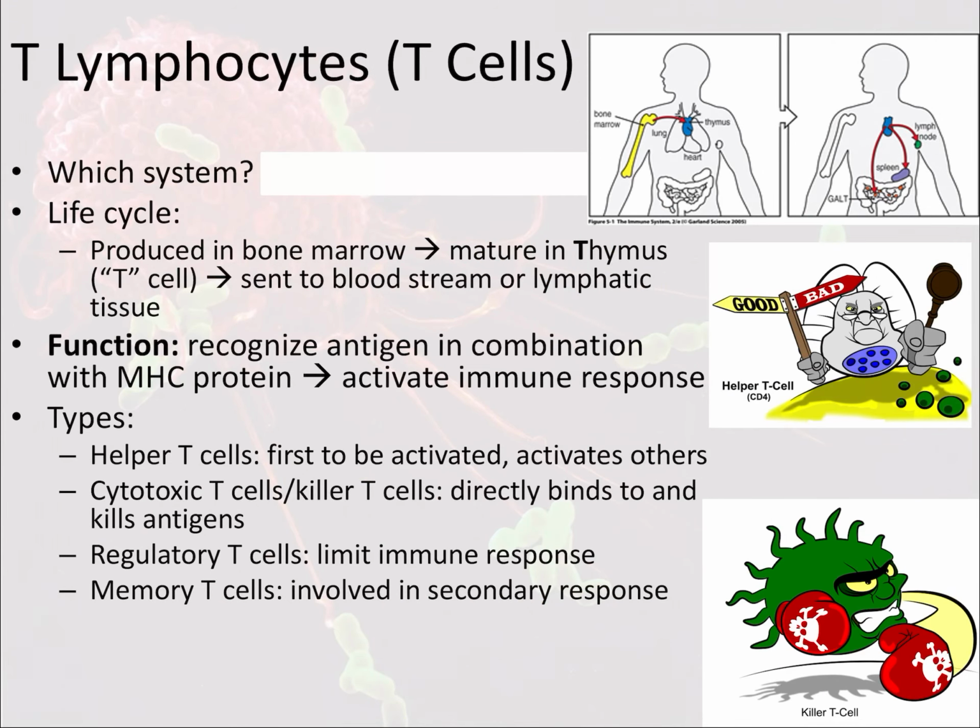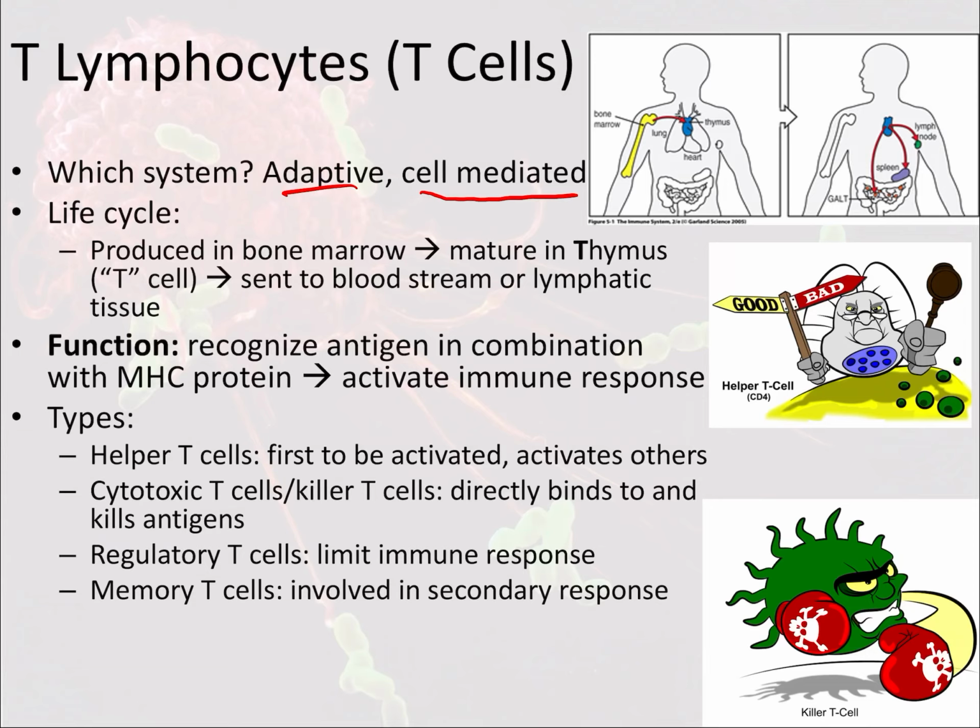Okay, so T lymphocytes, which are T cells. We're going to go through some of the cells related to the immune system here. These T cells are part of the adaptive system. They drive the cell-mediated response, not the humoral response.